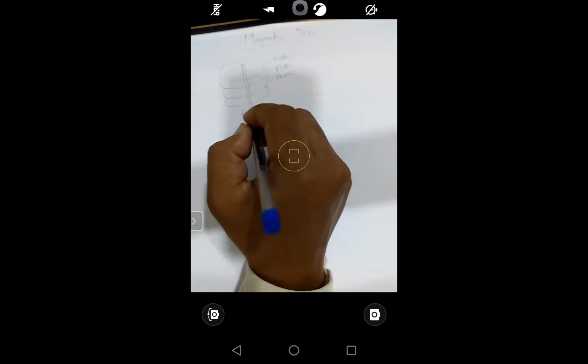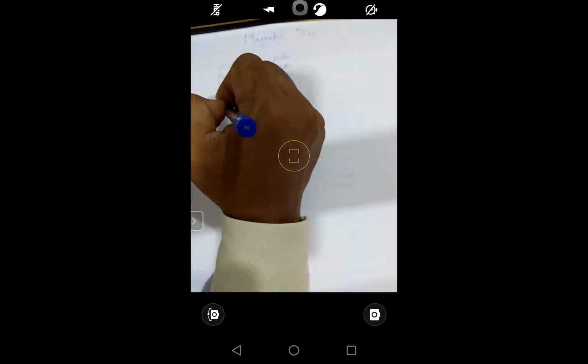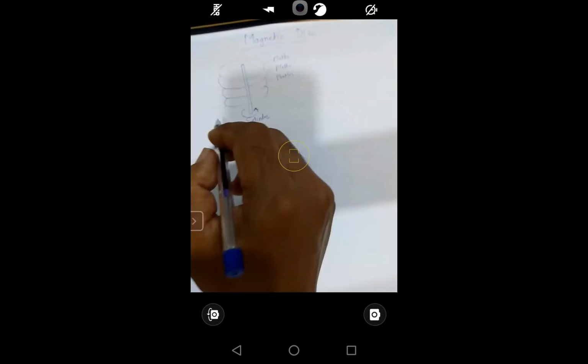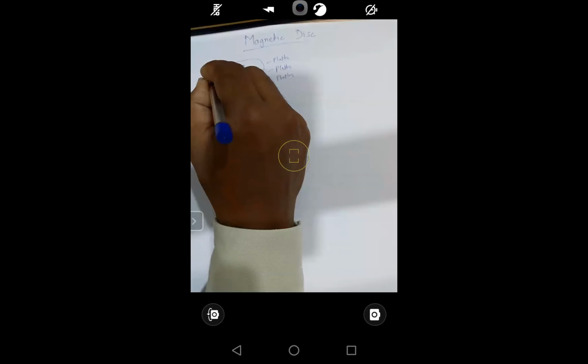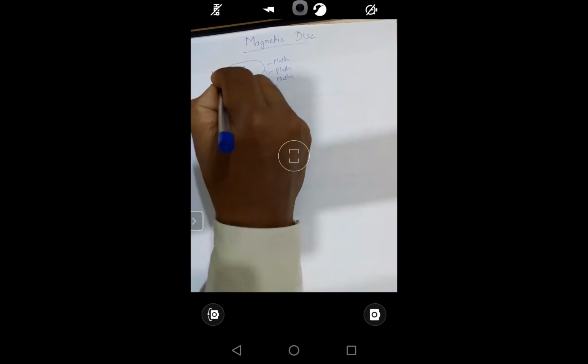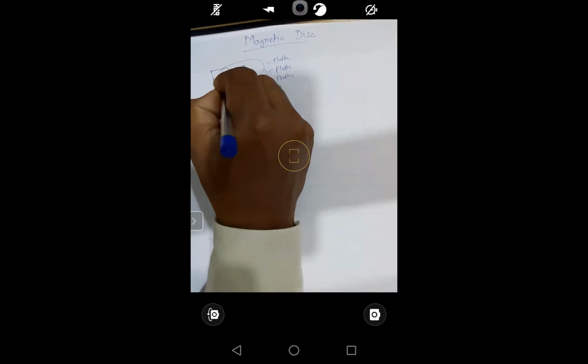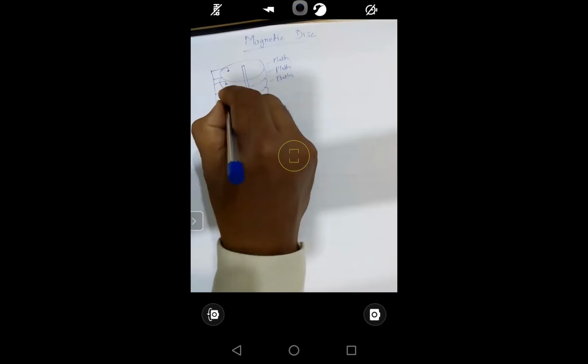How do we read the data from this platter? Here you will find there is one access arm. This access arm reads the data. All the access arms are attached at the same line.